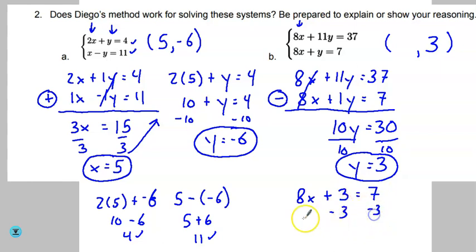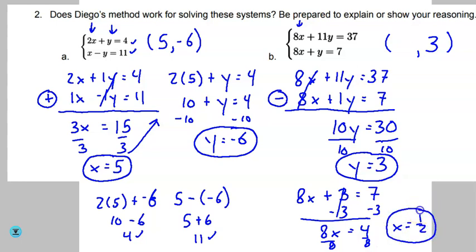Minus 3. 8x equals 4. Be careful, a lot of people want to just look at that and say the answer would be 2. It's not. Divide by 8, x is actually 1/2. Not 2, 1/2. So x is 1/2, y is 3.